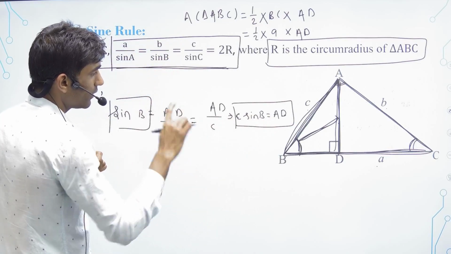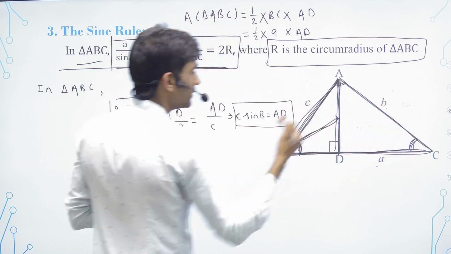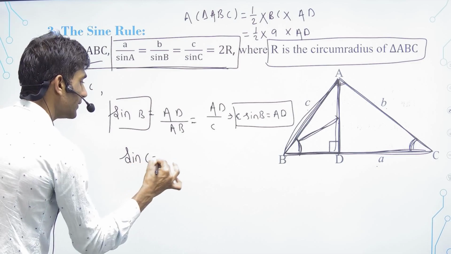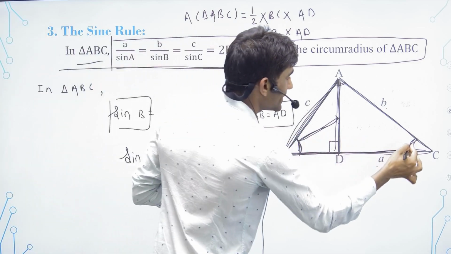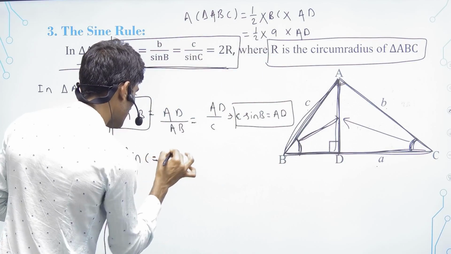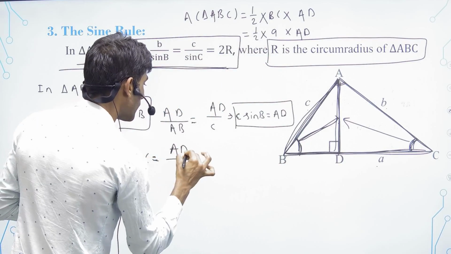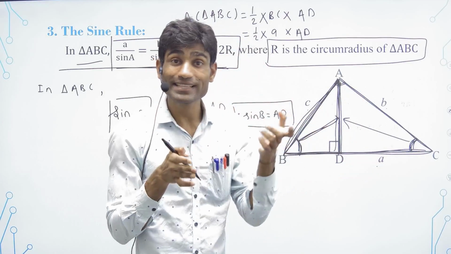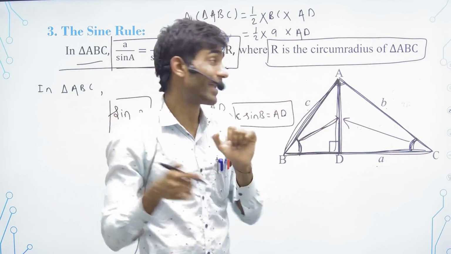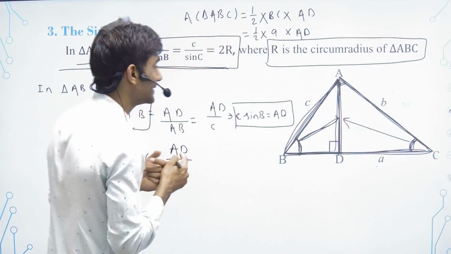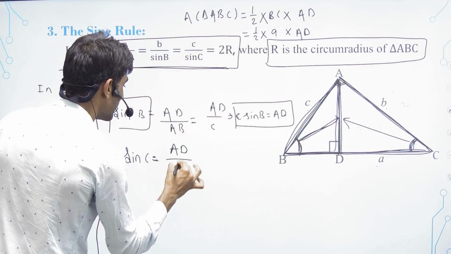Again, use the result for angle C. What will we get for sine C? Sine C, we can write as the opposite side AD upon the hypotenuse. What is the hypotenuse? The biggest side of our triangle, so we get the side AC.